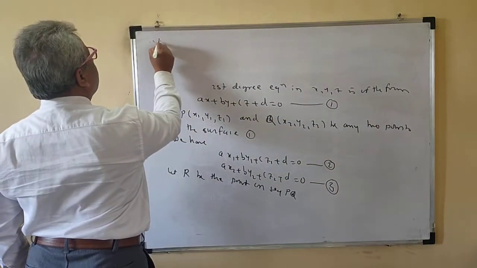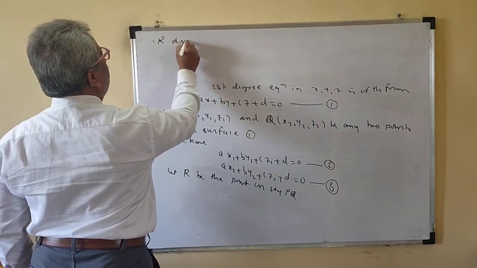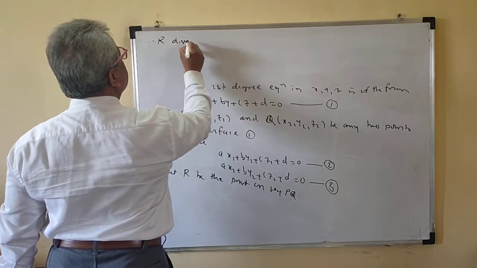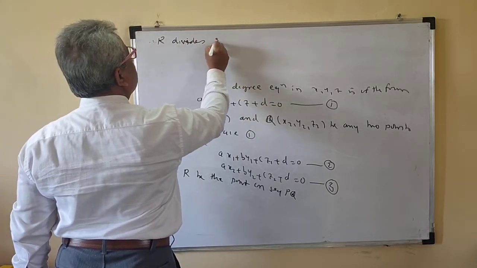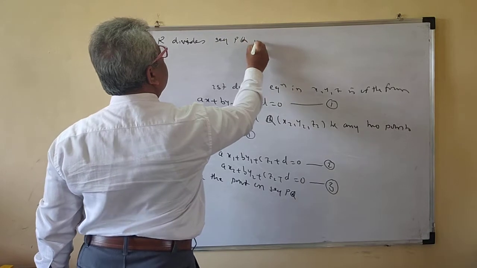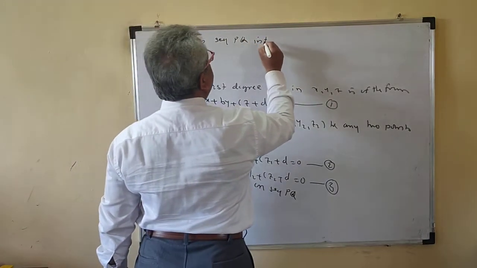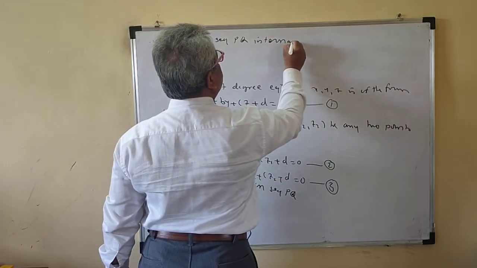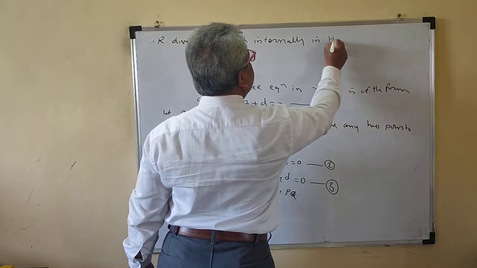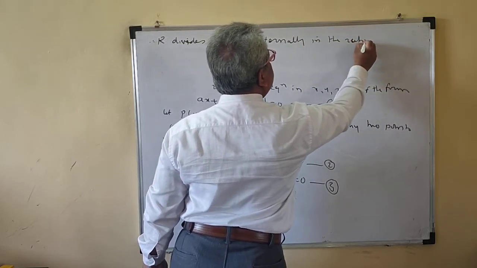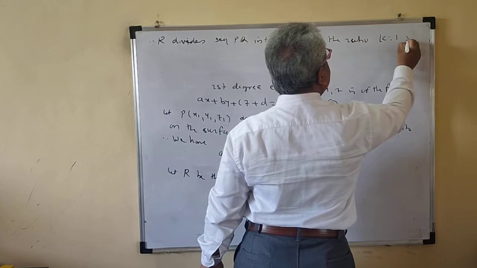Therefore R divides segment PQ internally in the ratio k is to 1.